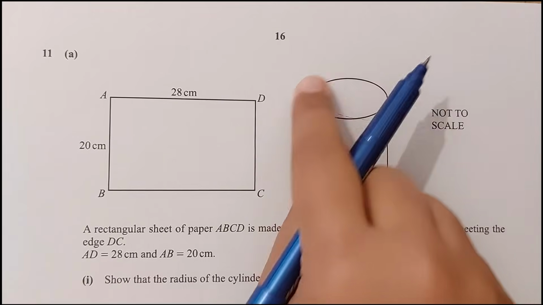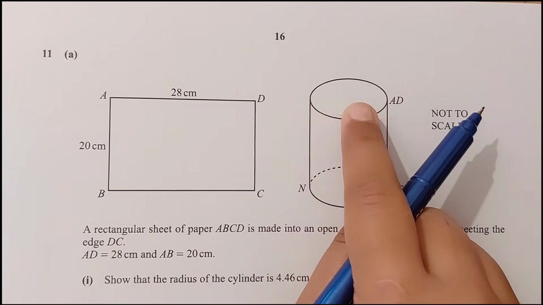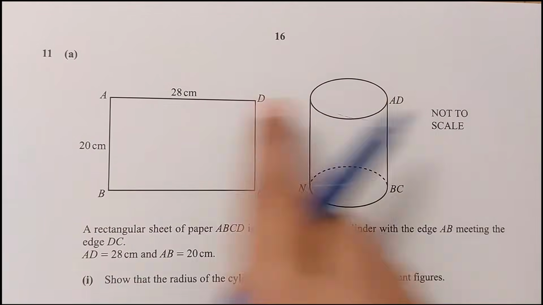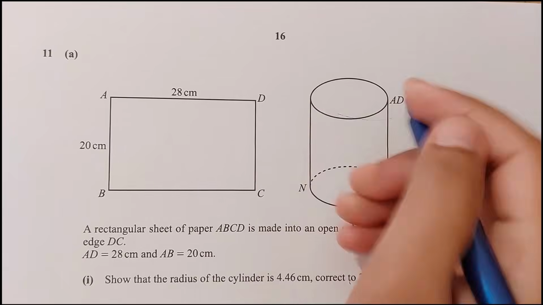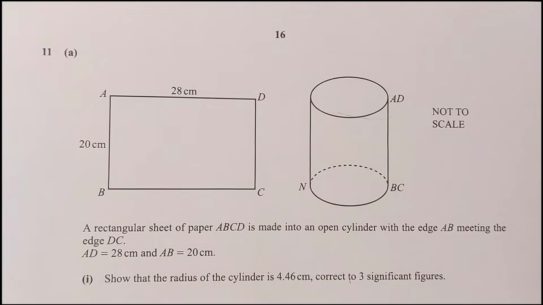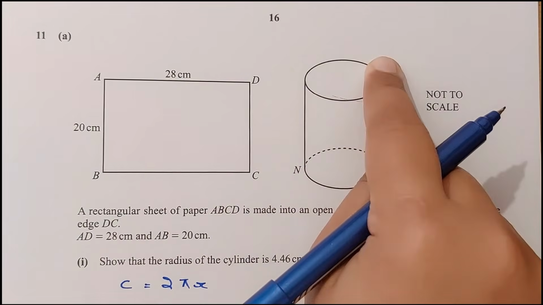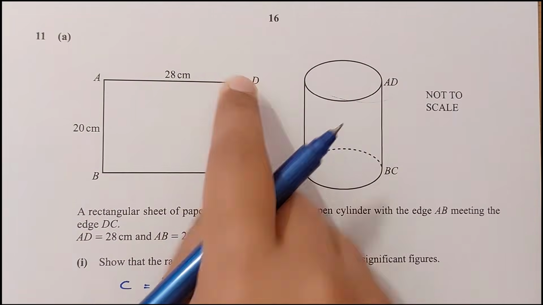Radius of the cylinder, this is a circular portion of the cross section of a cylinder. So, and this is AD, A to D, right? So we need to find the radius. So this is a whole circumference, right? This is a circle. So if I use the formula for the circumference of a circle is 2 pi r, and the whole circumference we have given, that is 28, right?